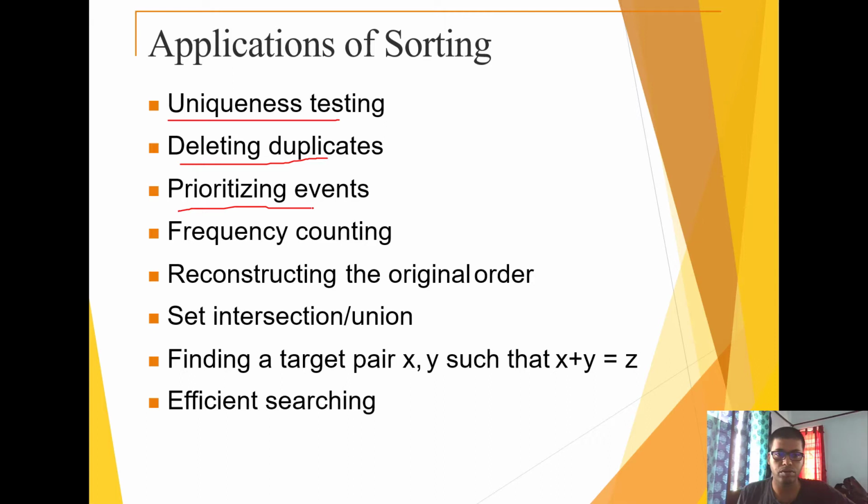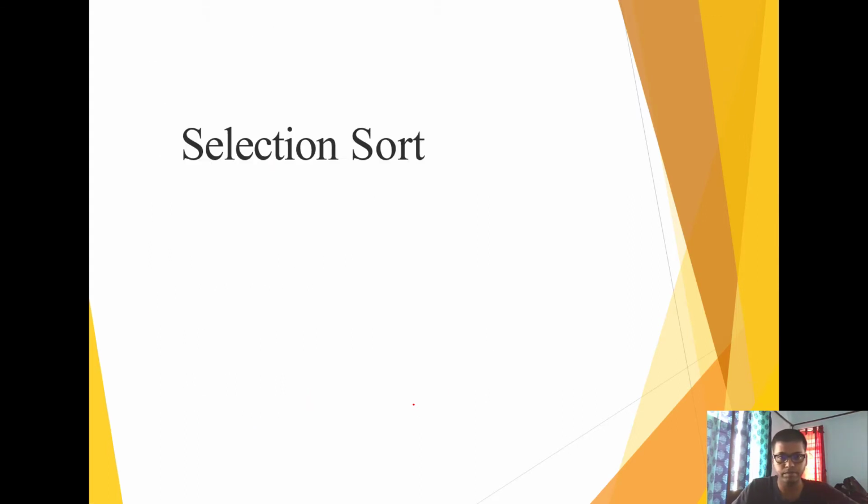Prioritizing events: when we need to prioritize some events, we also apply sorting. Frequency counting, you will come to this later in your curriculum. Reconstructing the original order is also an application of sorting. Finding a target pair and efficient searching are also important aspects of sorting.